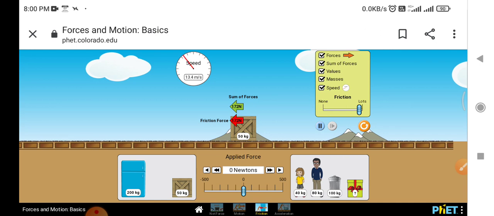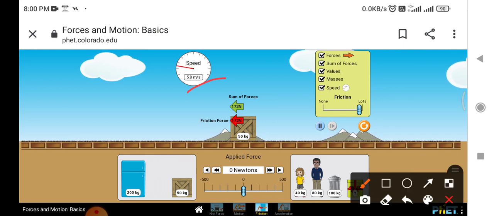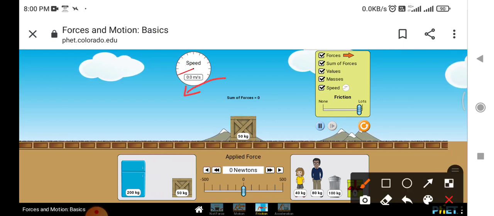Now the frictional force is 172 Newton. The speed of the object will come to rest very fast.